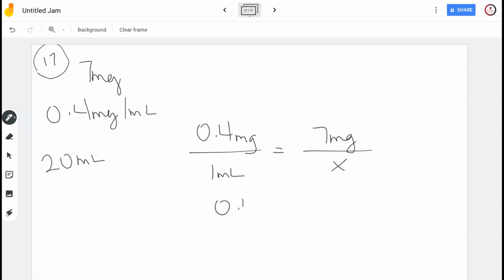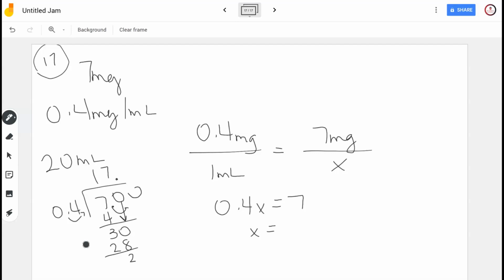So x equals 7 divided by 0.4, 0.4 into 7. Move that decimal point over 1, so you're dividing 4 into 70. 4 goes into 7 once. 4 goes into 30 7 times.